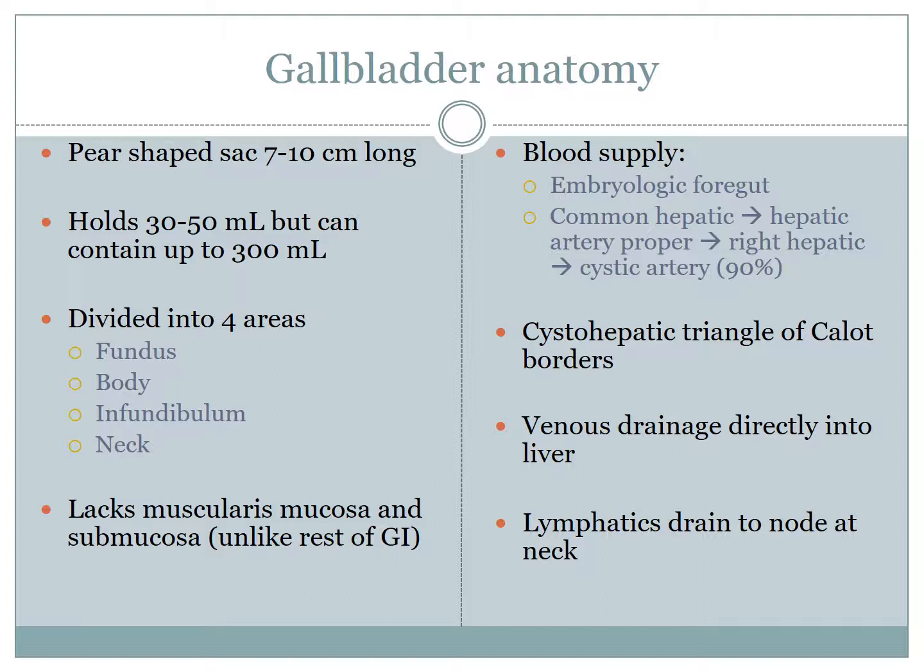So for the gallbladder itself, you have the celiac trunk, then the common hepatic artery comes off. It branches in the hepatic artery proper into the right hepatic, and then 90% of the time the cystic artery is a branch of the right hepatic artery, and that's important for a cholecystectomy.